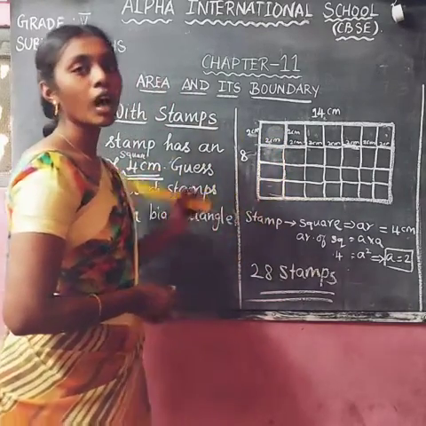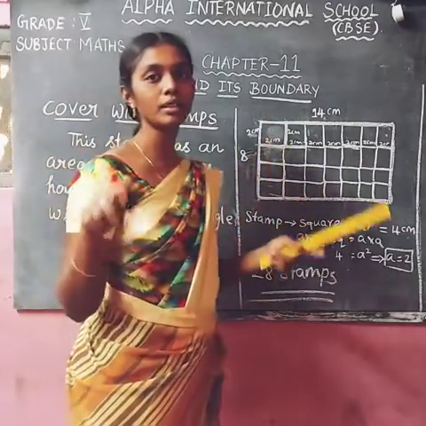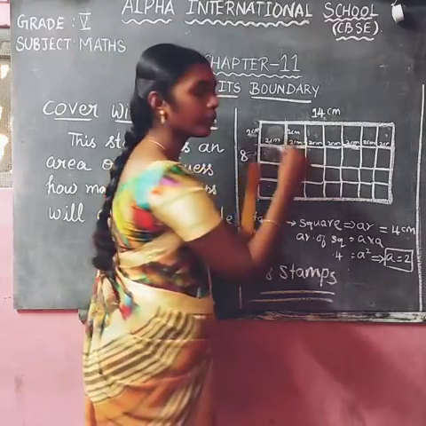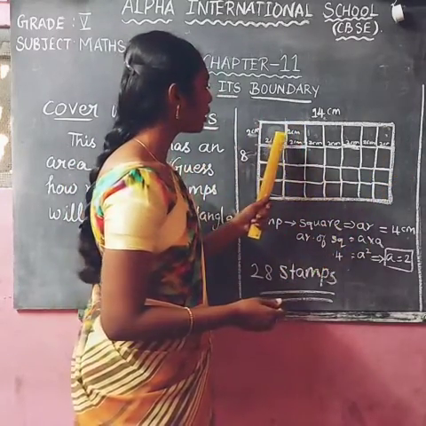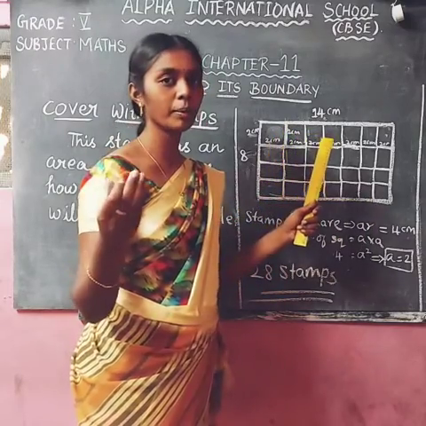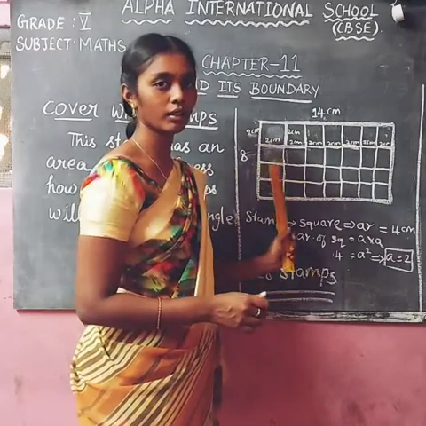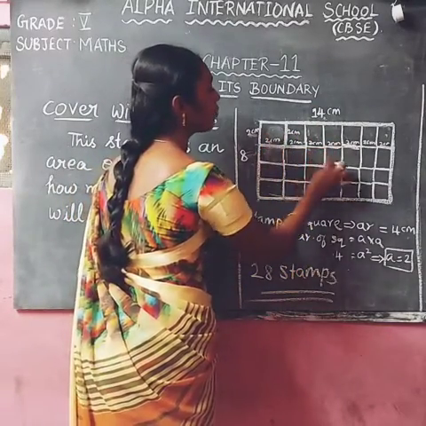But the question is, how many square shaped stamps are required to complete this full rectangle. For this, I can complete it by putting in the squares and count at last. But another simple method is, if they ask in the question, you don't need to count each and every box inside.